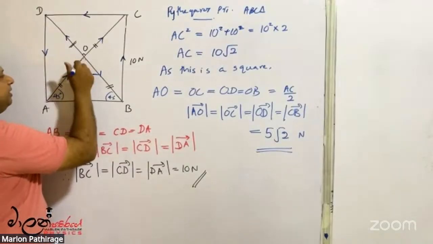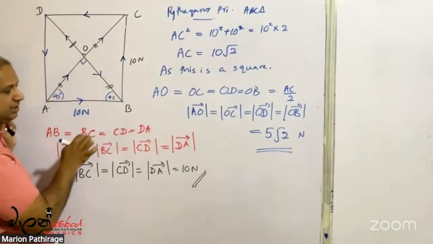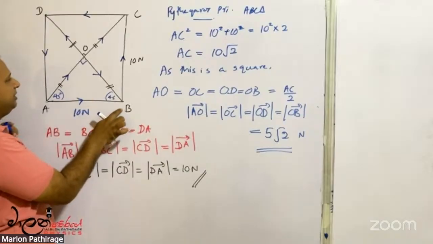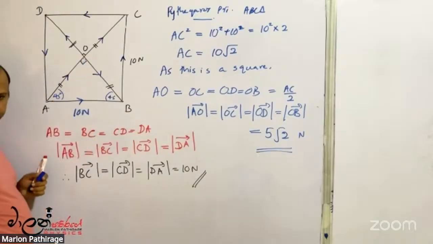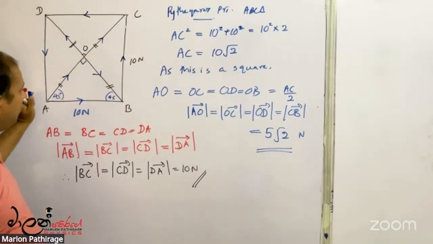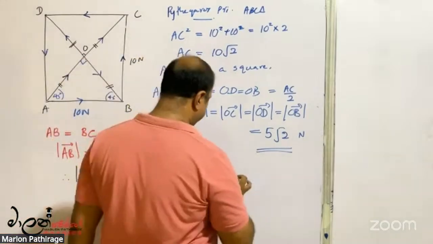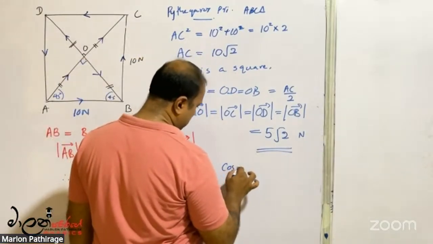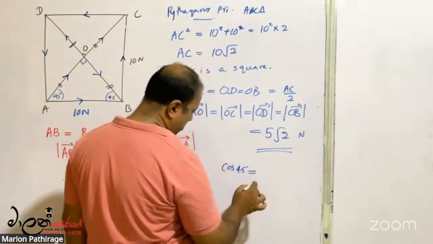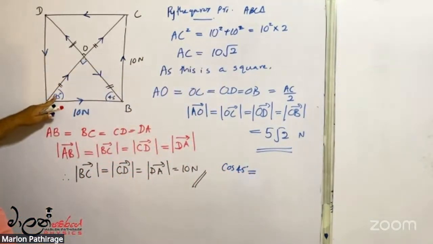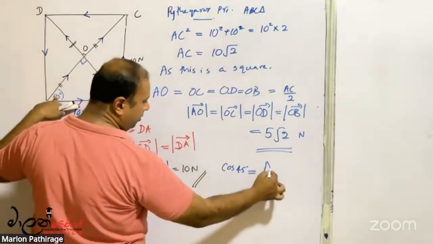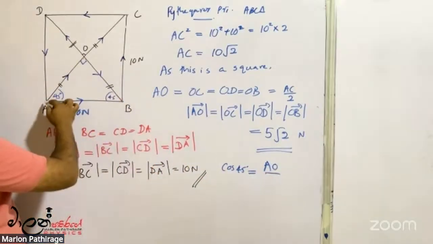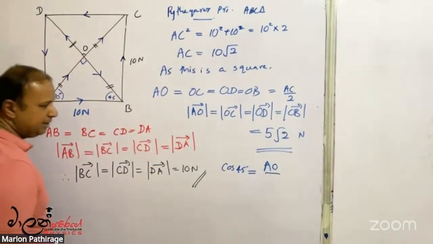Well, this is 90. There's another method. This is 90, and this is the hypotenuse. This one is one side, this one is another side, and this is the hypotenuse. Therefore, if you take cos 45 with respect to this angle, that is equal to AO, the adjacent side, over hypotenuse AB.